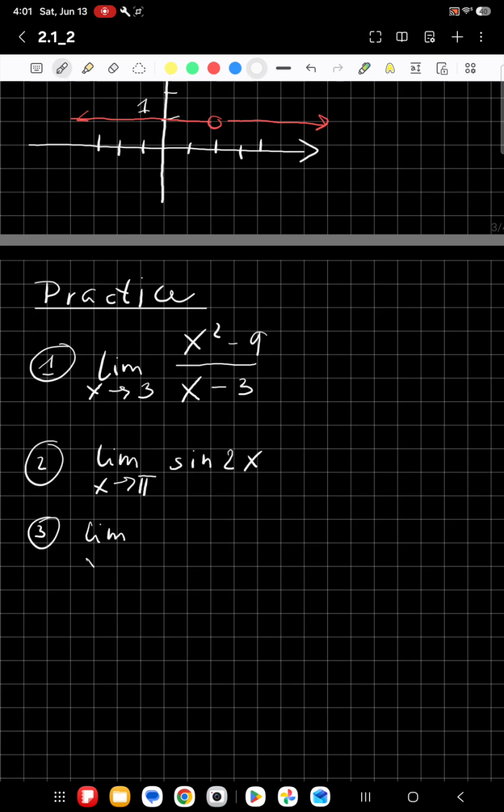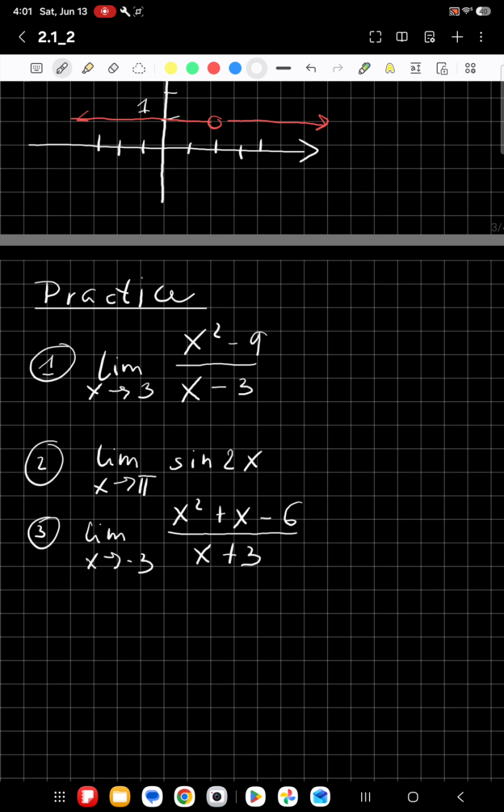Problem number 3 is a limit with x approaching negative 3 this time, and in the numerator I have x squared plus x minus 6, over x plus 3.